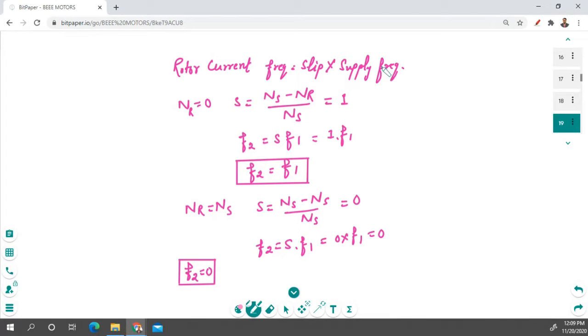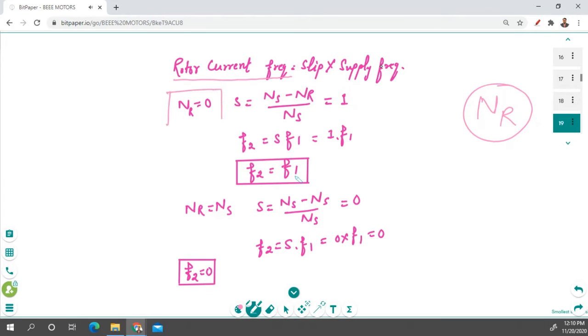Now come to the next point. We have calculated the frequency for the stator and rotor part. Now we will find out the rotor current frequency. We have calculated this Nr, which is the actual speed. If we consider the rotor in a stationary position, then Nr is equal to 0.